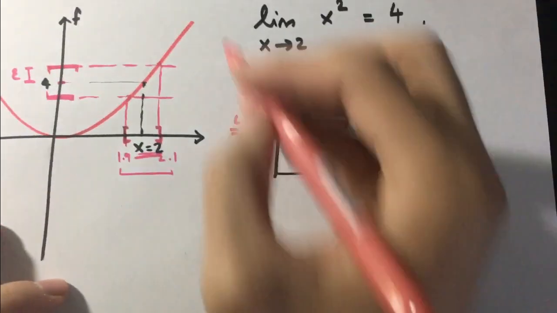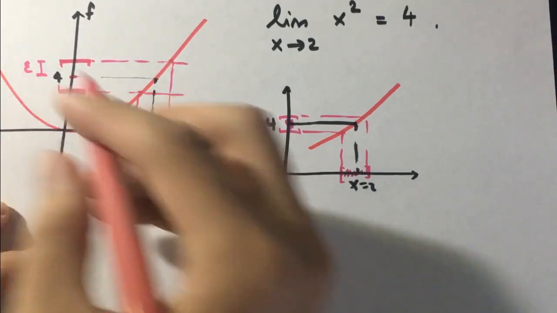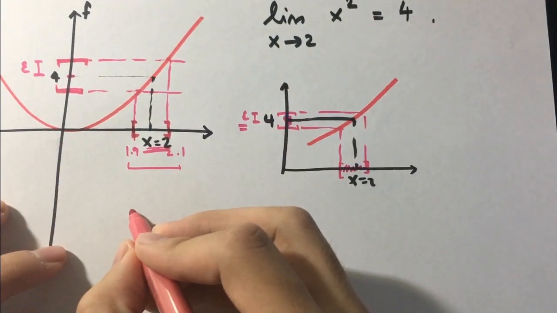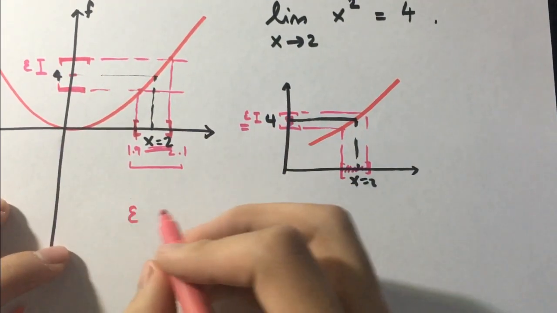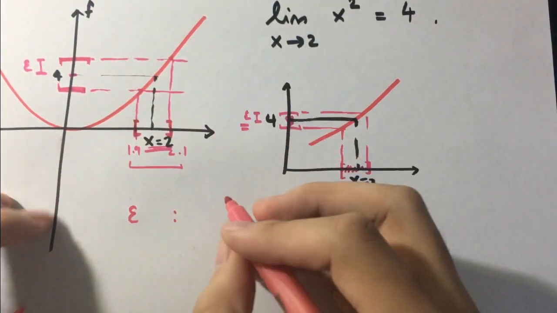So this is true if I can find some box. If, for example, I have some epsilon, I can find a set of numbers, a box covering these numbers.